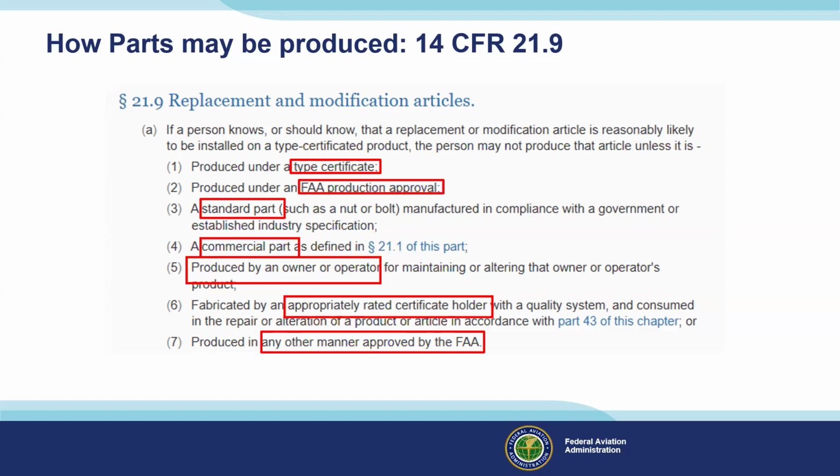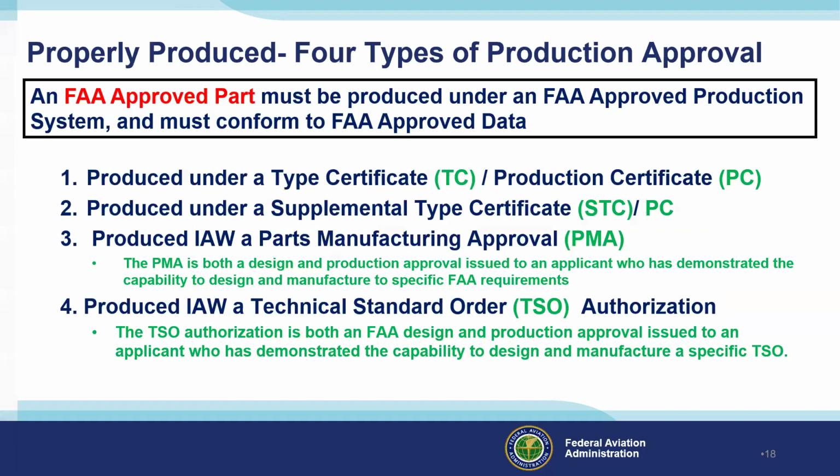Or if it's a standard part, such as a nut or bolt, or a commercial part, or if it's produced by an owner or operator, or if it's fabricated by an appropriately rated certificate holder. And the last one is any manner approved by the FAA. And we're going to look at each one of those items in a little bit of detail.